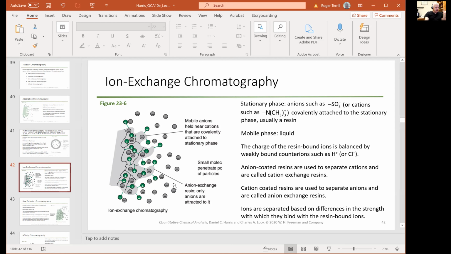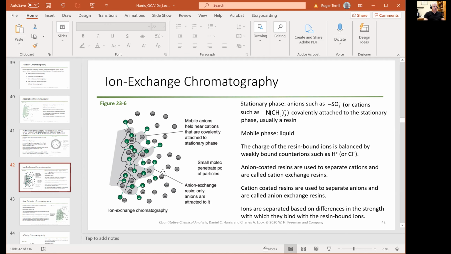Depending on the solvent, there can be a different association constant on average between the anions and these bound quaternary ammonium cations, right? This is referred to as anion exchange, right?